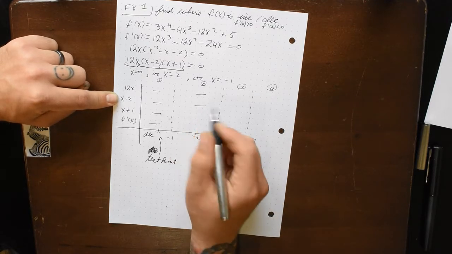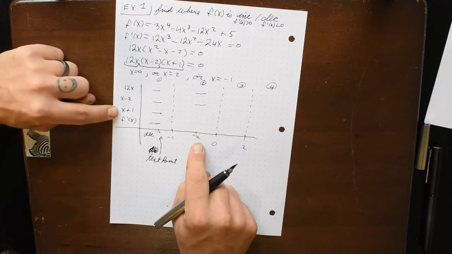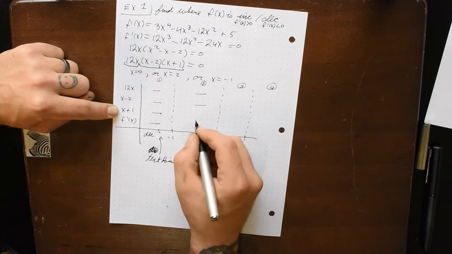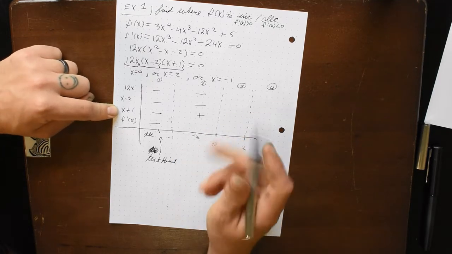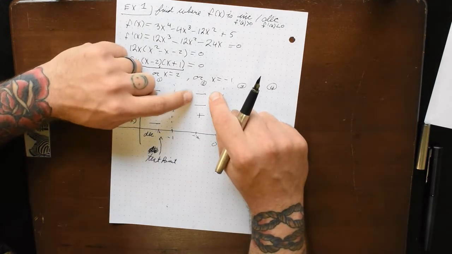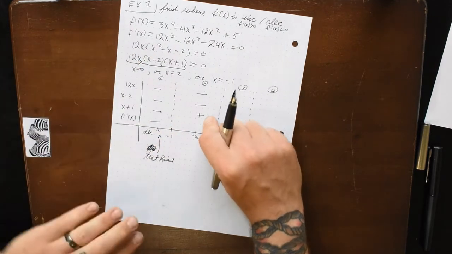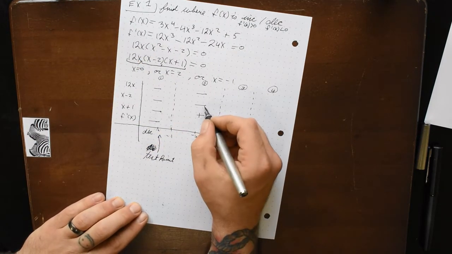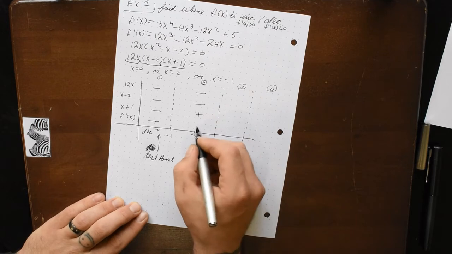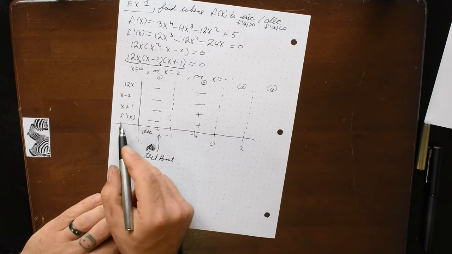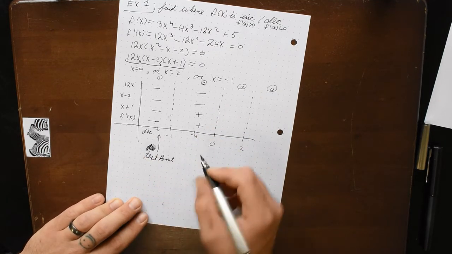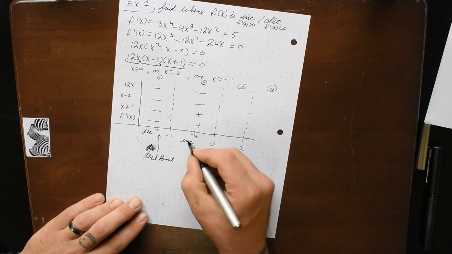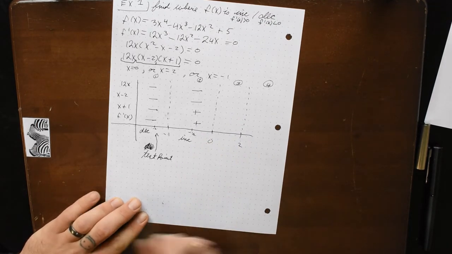It's still negative. But -1/2 plus 1 is back to being a positive number. Now we go through a negative number times a negative number times a positive number. Well, negative times negative is positive, and positive times positive is positive. Our derivative is positive on this interval, so we are increasing on this interval.